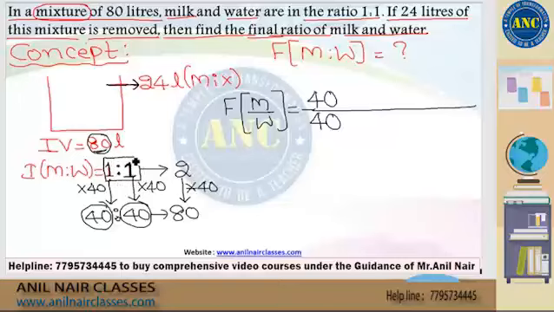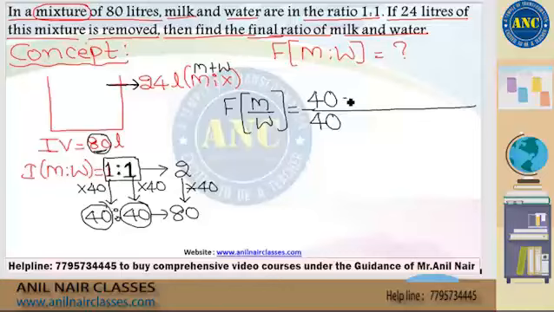Mixture is nothing but a combination of both milk and water. That means in what ratio should I take out that mixture of 24 liters? The 24 liters of mixture should also be taken out in the ratio of 1:1.